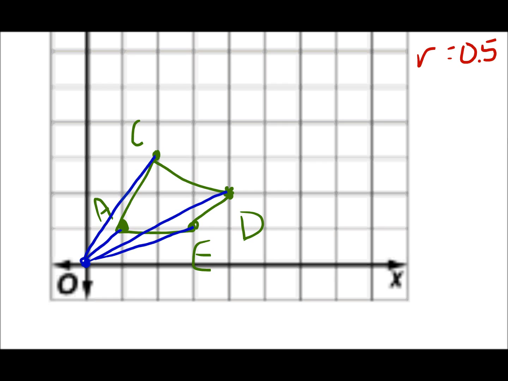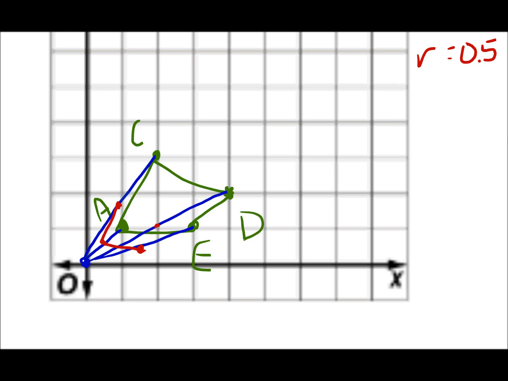From the center to A, that's one diagonal. I will go to the halfway mark on that diagonal. From the center to C, I can see the halfway mark will be about right there. From the center to D, right there. And the center to E, right there.